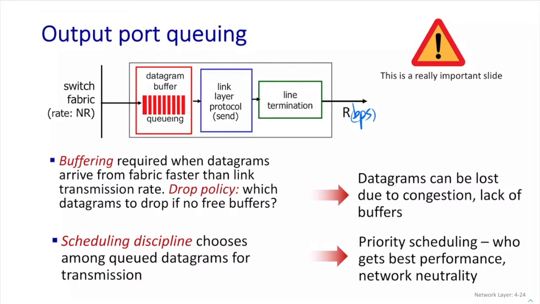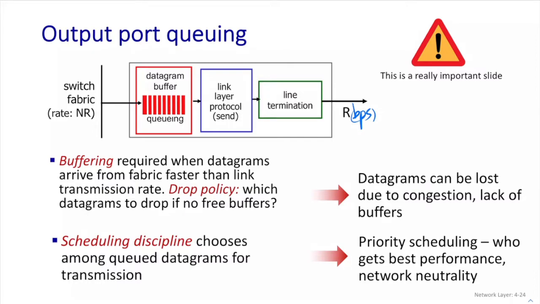When the buffer might be full, we should set up a drop policy: which datagrams to drop if there are no free buffers. That is the reason why datagrams can be lost due to congestion, which means lack of buffers.